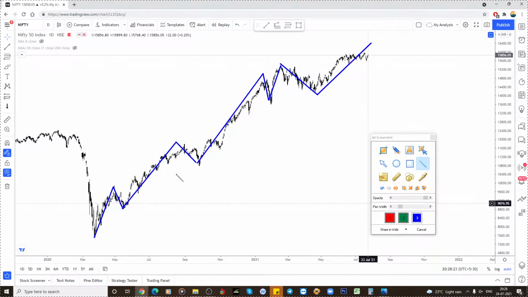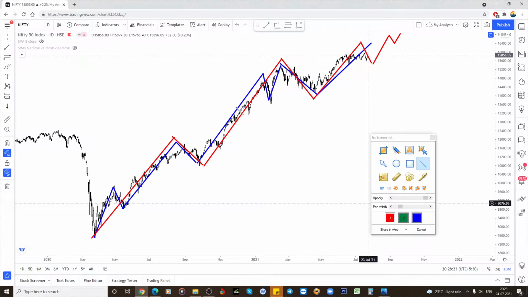But what I am trying to explain here is, if this is wave 1 and this is wave 2, then the whole thing is wave 3, this is wave 4, and this is wave 5 of wave 1, after that 2, 3, 4 and 5. So it could continue with this kind of wave formation also. So this is an alternative view.